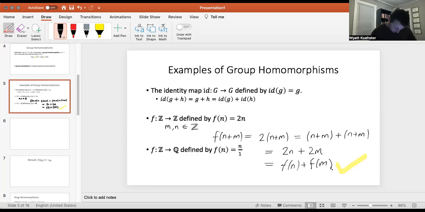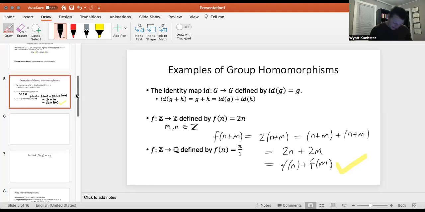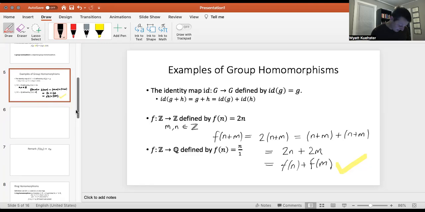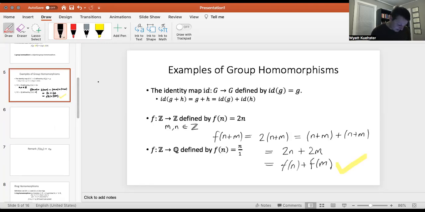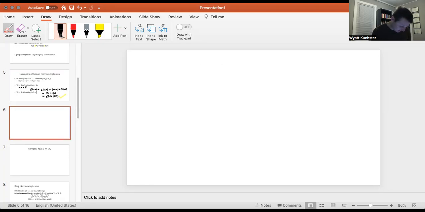Okay, let's do one more example that's also pretty trivial. Take this homomorphism from Z to Q. So remember, Q was also a group under addition, and we'll just send n to n over 1. And notice that this map is also injective.